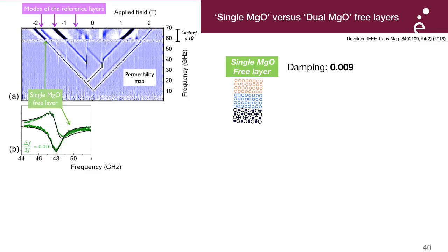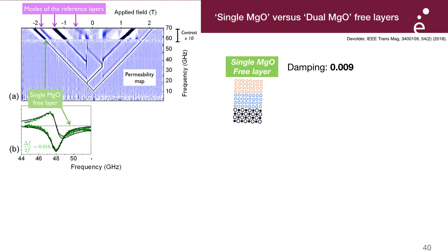Okay. So let's compare the damping parameter of a single MgO free layer and a dual MgO free layer. For this, we conduct VNA FMR on a full stack. Since it's a full stack, at a given applied field, you see many resonances ranging from 30 GHz to 70 GHz, and they come from the different layers in the stack.